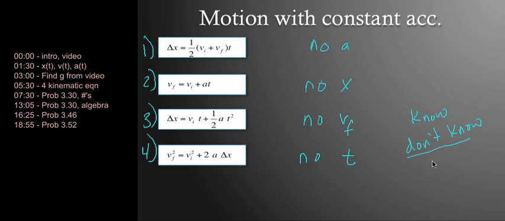Sometimes we may know a lot, maybe 3 of these parameters, and we've got to put some more information together. But the way to solve these problems is by looking at what we know and what we don't know, and what we don't know kind of splits into 2 different things: what we don't know that we don't care about, and what we want to find?